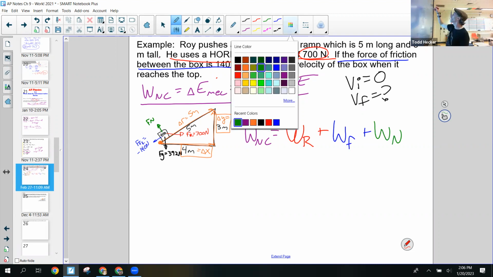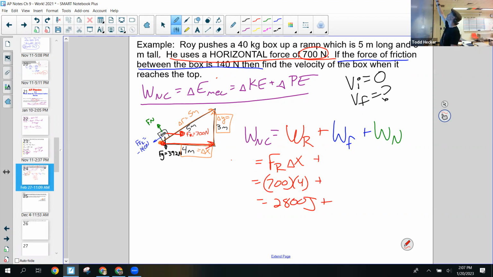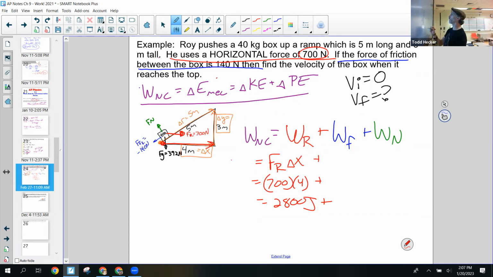So the work done by Roy is, well, that's the force of Roy times the horizontal displacement, right? Because the force of Roy is horizontal. All we care about is the horizontal displacement. So for us, that's going to be 700 times 4, which is 2,800 joules. So that's the work from Roy. All right, and then the work from friction, well, let's see, the friction is parallel to the ramp.